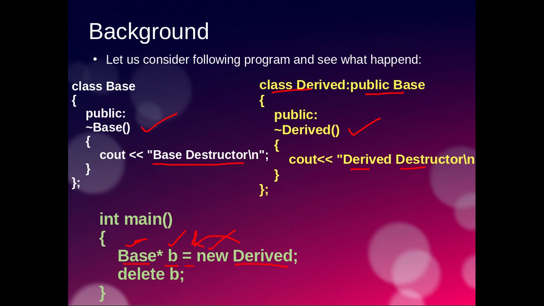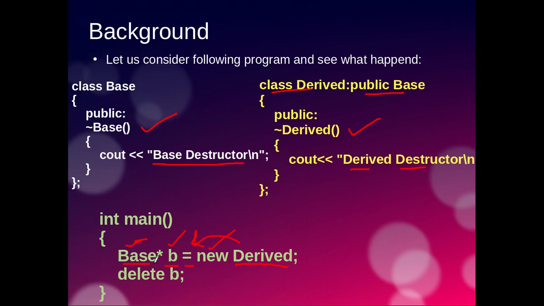That means a derived class variable cannot store the address of a base class object. As we saw in the previous slide, all cars are vehicles but all vehicles are not cars, so all objects of the car class can be stored in a variable of the vehicle class, but the reverse is not true. So this statement is a valid statement.